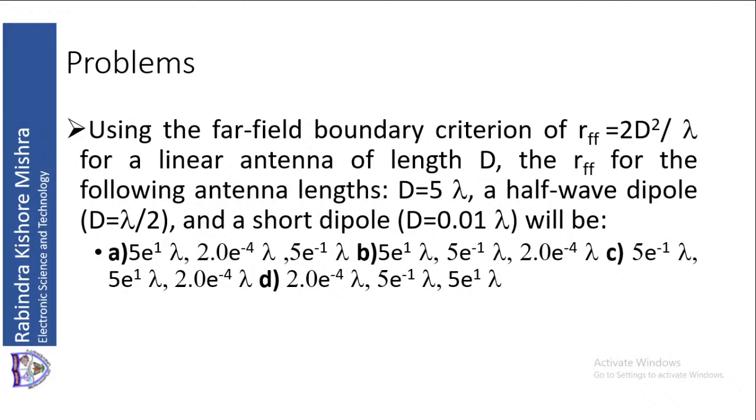D is equal to 5 lambda; a half wave dipole, where D is equal to lambda by 2; and a short dipole, D is equal to 0.01 lambda. Note down the problem and solve it.